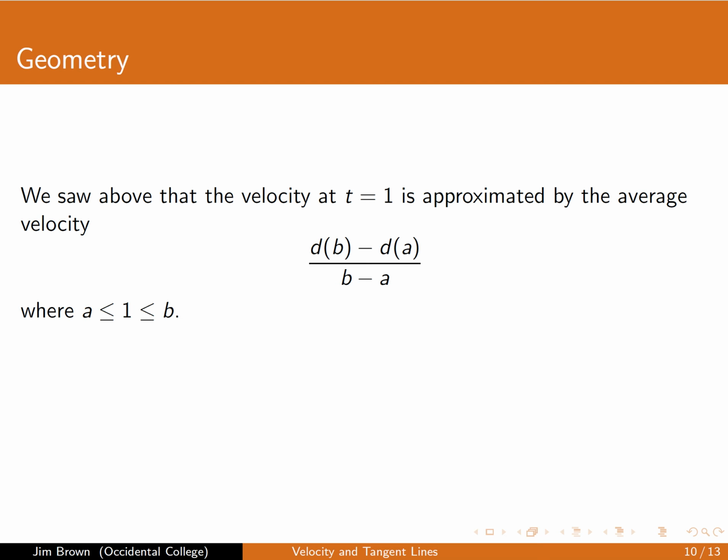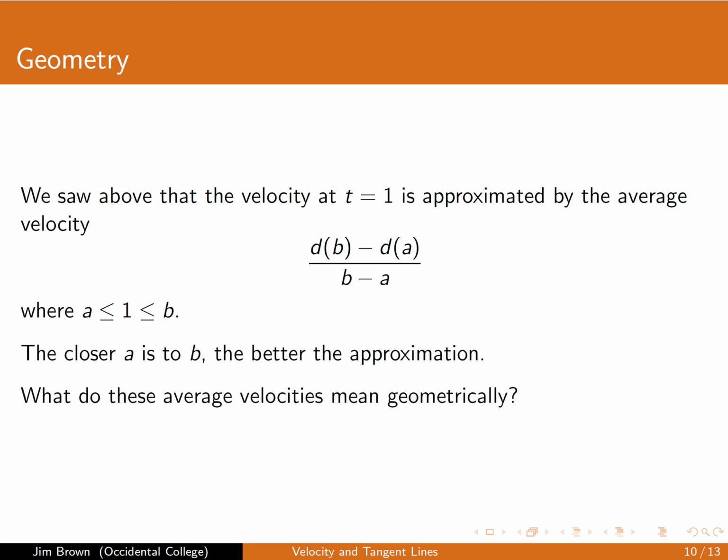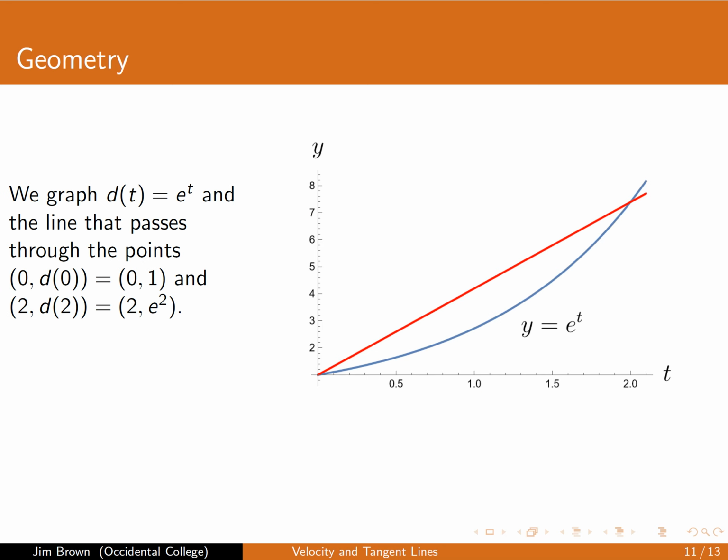We can't have a and b both equal to 1. We could have either of them equal 1 or neither equal to 1. But we do want the distance between b and a to be somewhat small to get a good estimate. So let's see what these average speeds mean geometrically.